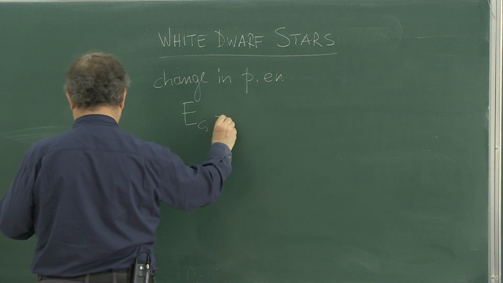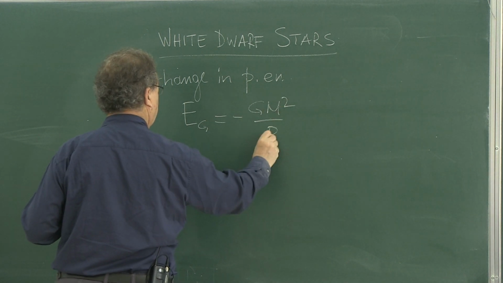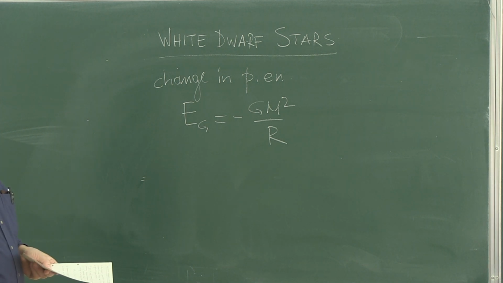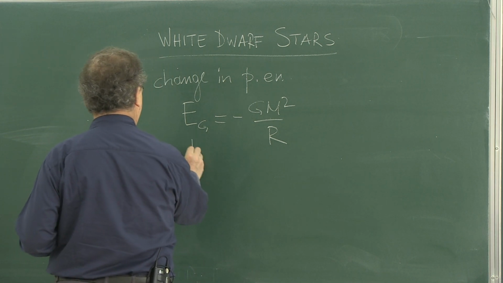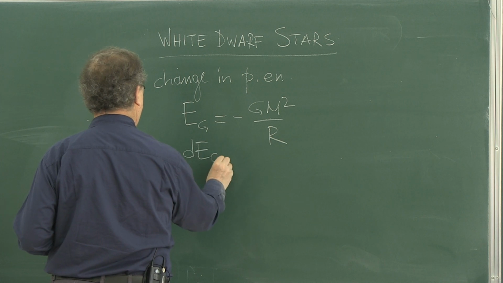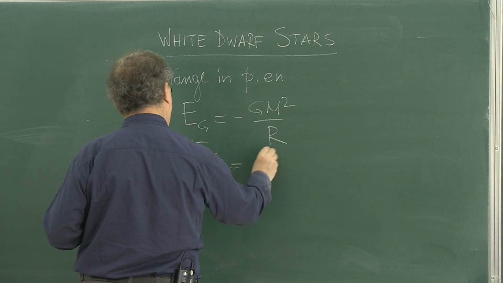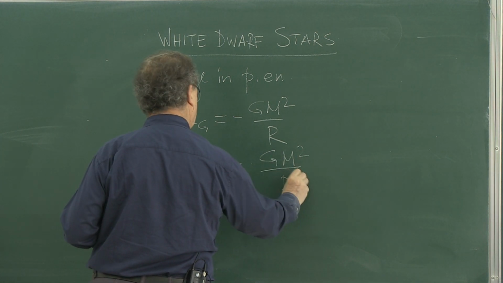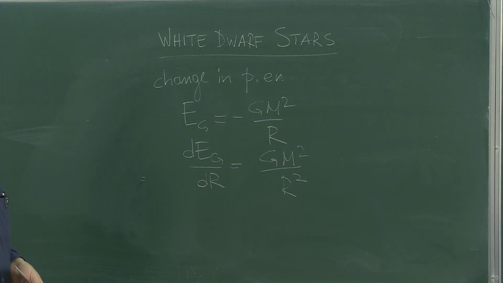Gravitational potential is minus G m squared over R, isn't it, for a spherical shape. So dEg/dr is G m squared over r squared. Take the derivative. Is that okay?